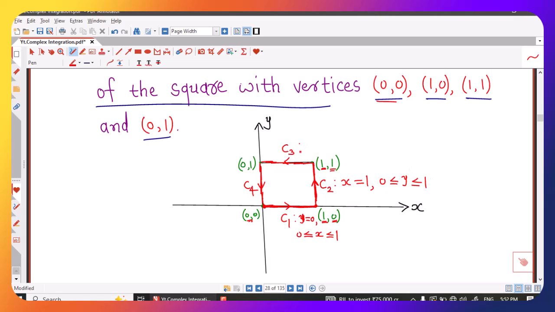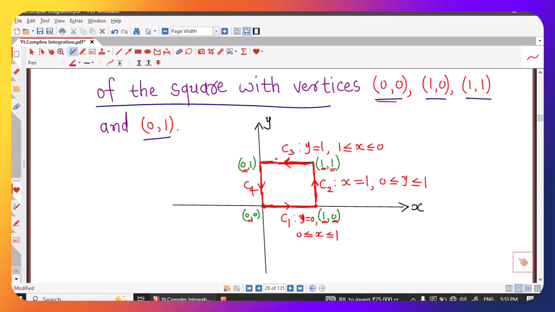Similarly for C3, we have to consider this direction. So along C3 we can see y becomes constant. If we take any point in this part, its distance from x-axis is 1. So for C3 we have y equal to 1, and x is decreasing. So here we have x starting from 1 and going in this direction towards 0.